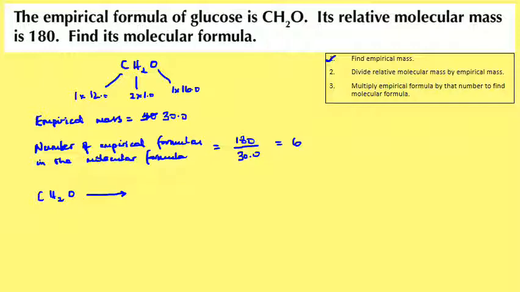We're going to multiply that by 6, so you get C6H12O6, which you will probably recognize as the molecular formula of glucose. And that's steps 2 and 3 done as well. So there we have the answer.